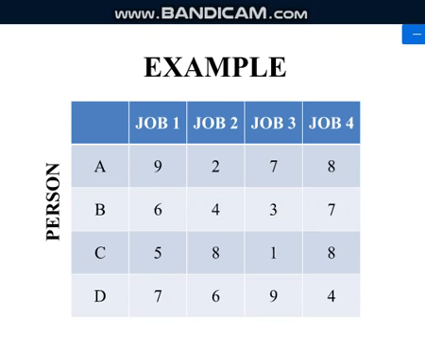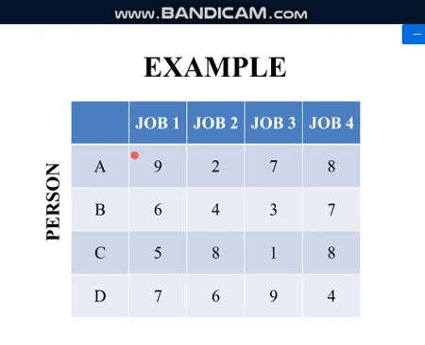Okay, yes. So let us take an example. See, person A, if he is allocated with job 1, the cost is 9 units. If person A is allocated with job 2, the cost is 2 units. Person A, job 3, 7 units. So this is how the values are given.